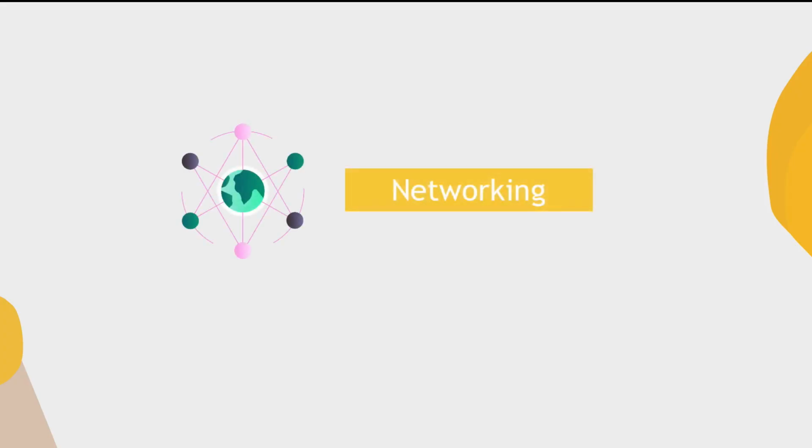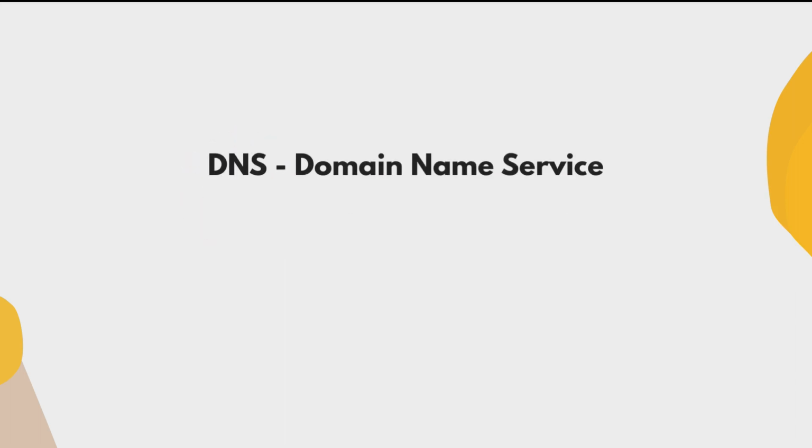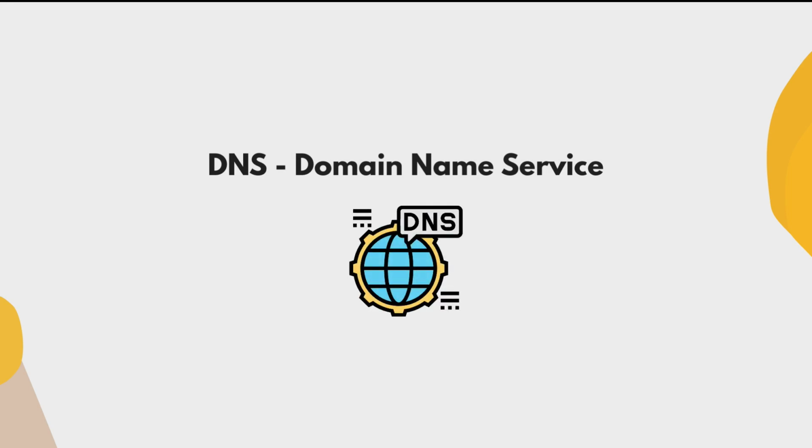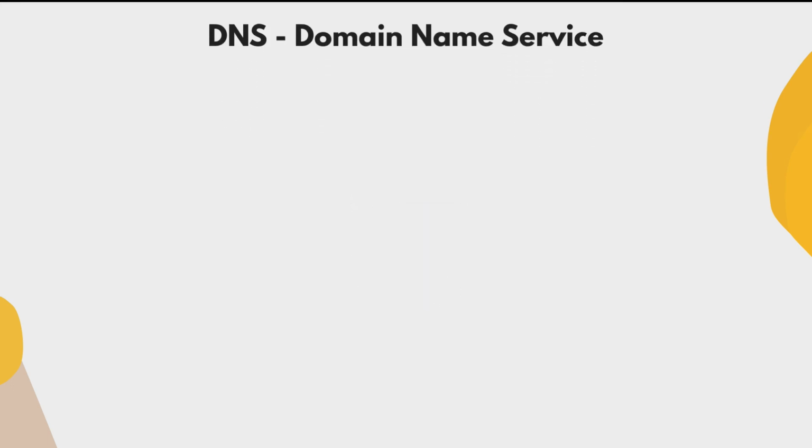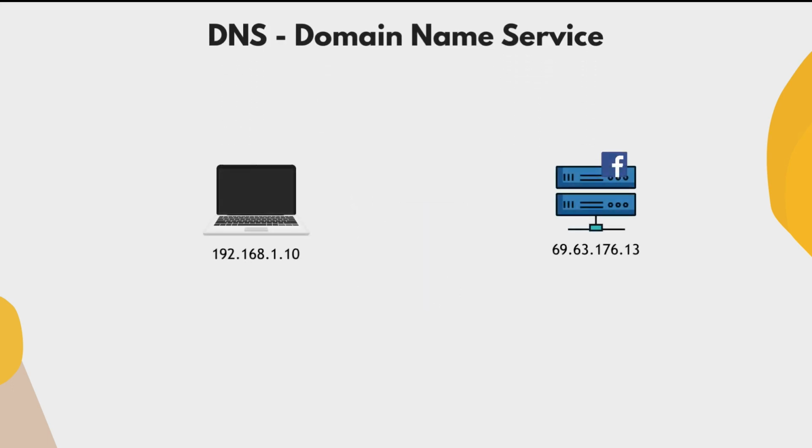Now, when talking about networking, there is one more concept that is essential to understand and probably something you've heard very often, and that is a DNS, or Domain Name Service. DNS is basically the thing that the whole networking relies on. So let's see exactly what a DNS is. We know that every computer on the network is uniquely identified by its IP address.